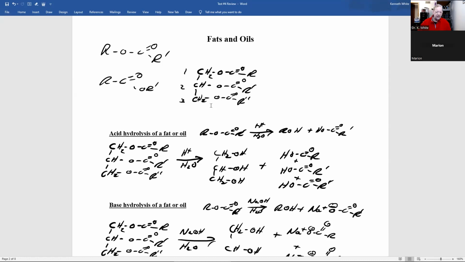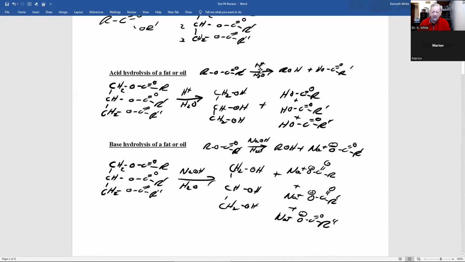All the reactions you learned for esters happen with fats and oils. If we take an ester and react with acid and water, you get back the alcohol and the carboxylic acid you would have used to make that ester. Well, here you have 3 esters. Each ester gives this alcohol, together as glycerin, and you get these 3 carboxylic acids.